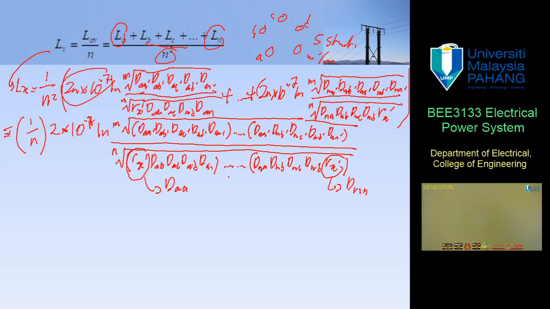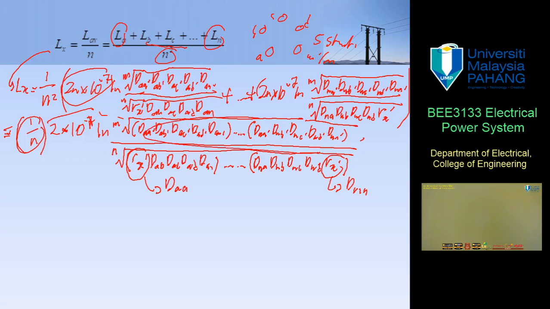The same goes for the B, C, and D types. So for B it becomes DBB, C, DCC, D, DDD, like that. Replace it with this value, and then we can bring the ln here.